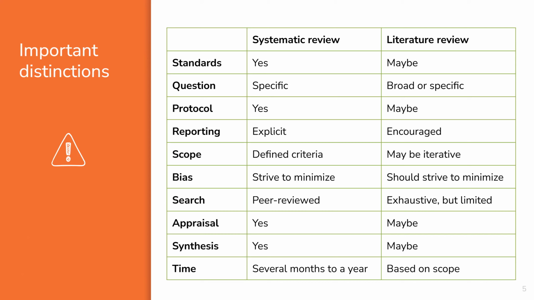You may not know upfront what your criteria is. And as you begin to identify articles during the process of your lit review, you may decide to focus your research on a specific area. So that's the main difference between systematic reviews and lit reviews. With lit reviews, you can figure it out as you go along, whereas with the systematic review, you've got to have all of this defined upfront. Now, of course, when it comes to bias, of course, we're always striving to minimize bias.